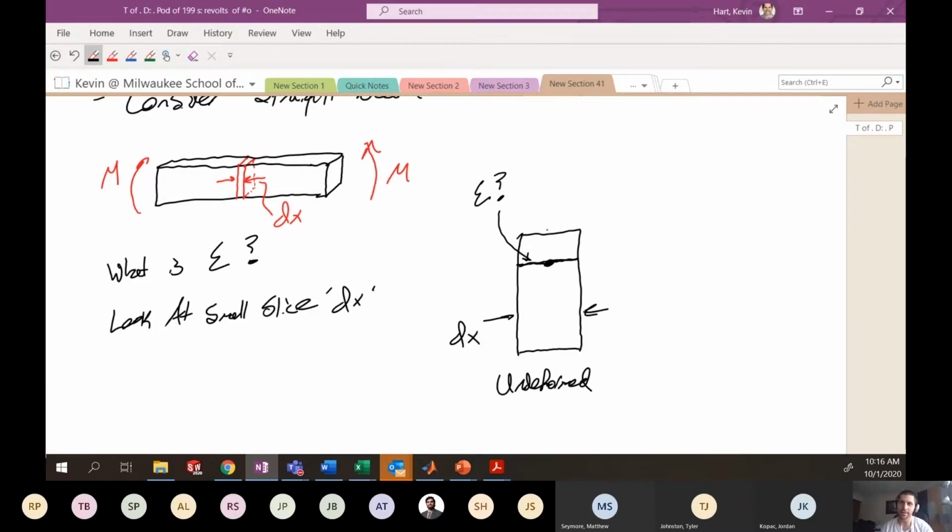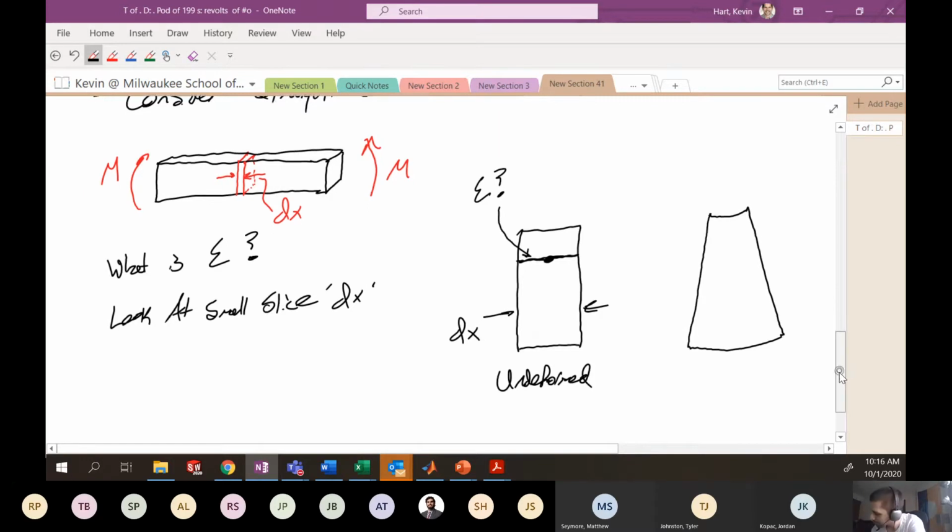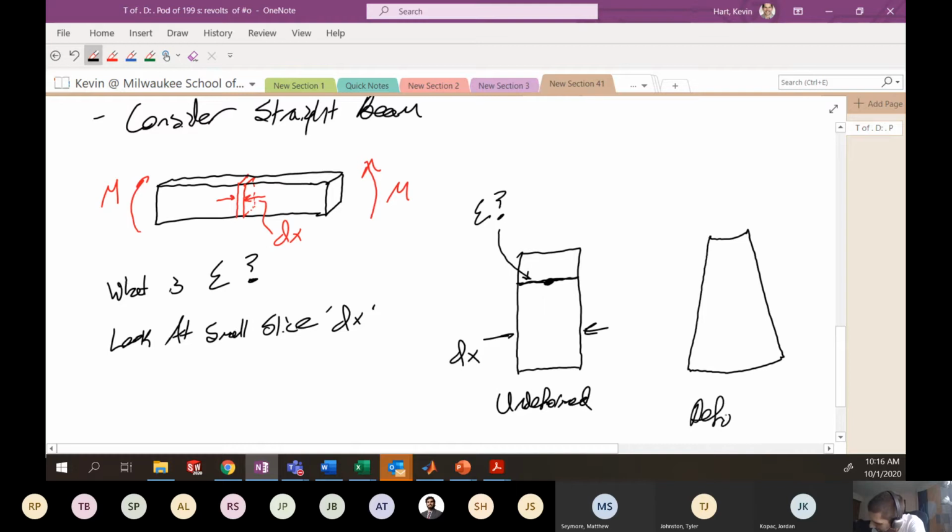As you put a moment onto this guy, it's going to strain and deform. And that deformed configuration might look something like this, highly exaggerated here. Here we have deformed with some bending moment applied that is M. Here's our point of interest up here.